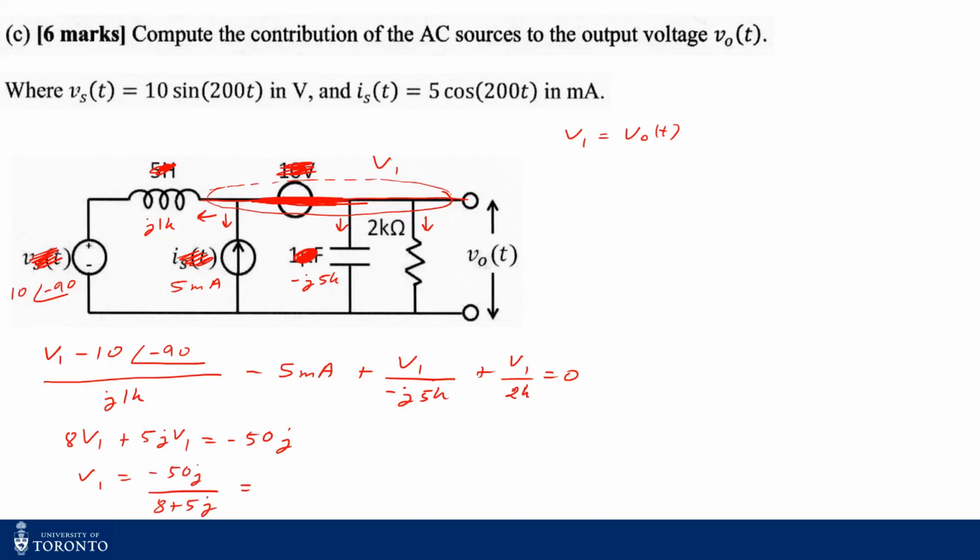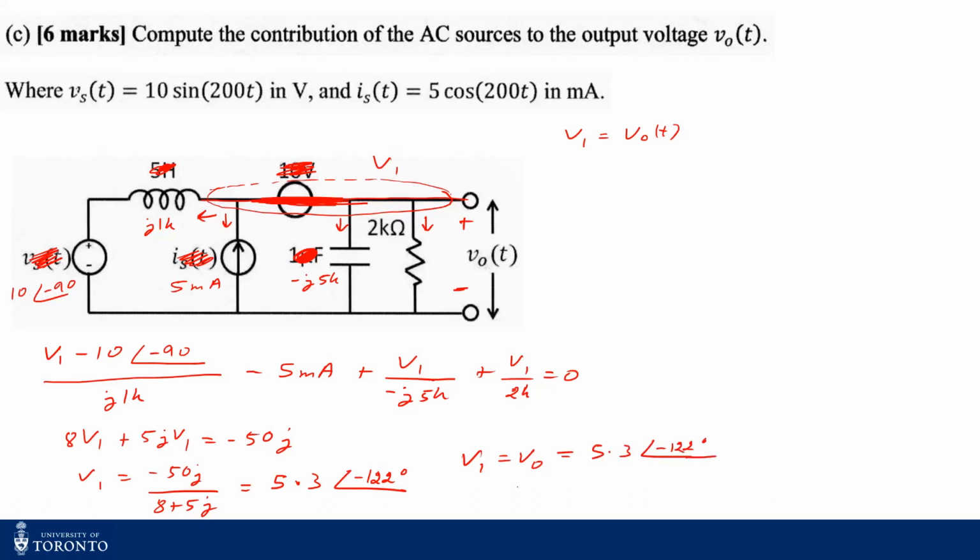Plug this into your calculator. You'll find your voltage to be 5.3 angle minus 122 degrees. And what's the polarity? This is the polarity. So I get my V1, and my V1 should be equal to my V naught. So my V naught should also be 5.3 volts, angle minus 122 degrees, but that's in the phasor domain.